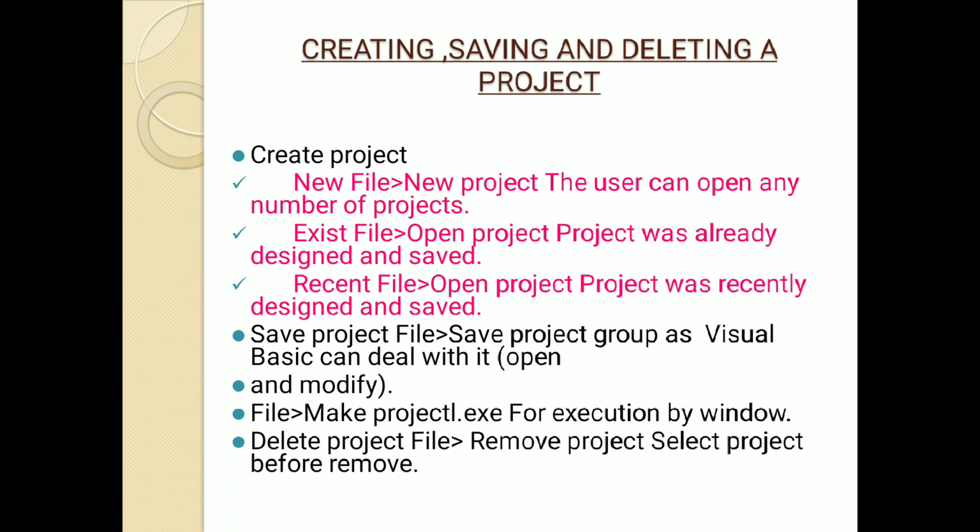You have to select file menu, in that make project.exe. So it is used for execution by window. Then if you want to delete the project in your system, you have to select file, then remove project. So it will delete the selected project.